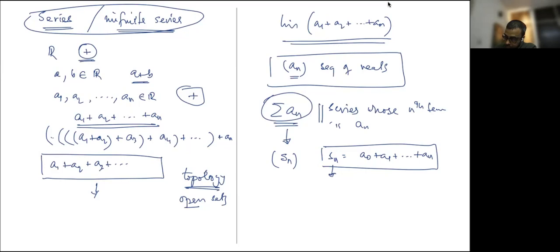So in essence, they're called the nth partial sum of the series. So just one thing.